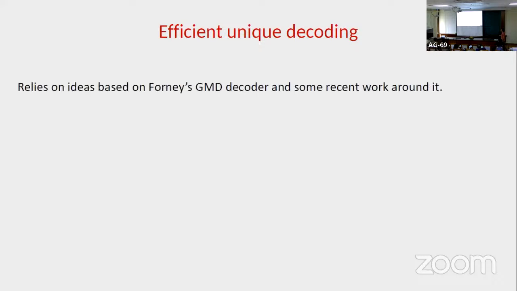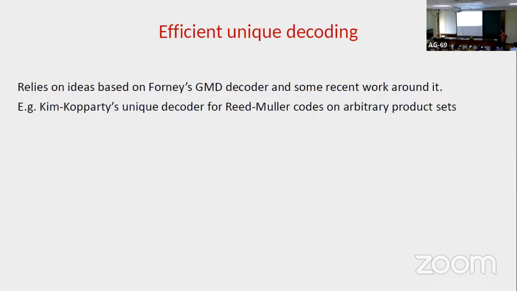Let me say something about unique decoding. So the unique decoding algorithms here actually end up being considerably, at least for cap codes, considerably cleaner and simpler than what it was for Reed-Muller codes that we knew about. So they're based on ideas from Forney's decoder. This is a very famous set of results in coding theory, and some recent work around it, like Kim Koparty's unique decoder for Reed-Muller codes that I earlier mentioned.